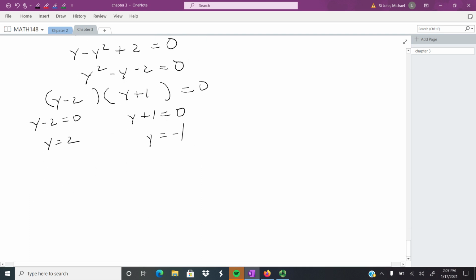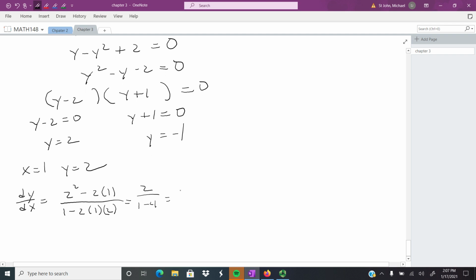Let's do our first one, which is going to be x equals 1 and y equals 2. So now we're going to plug in our x and y values: dy dx is going to be 2 squared minus 2 times 1 over 1 minus 2 times 1 times 2, which is going to be 2 over 1 minus 4, which is negative 2/3.